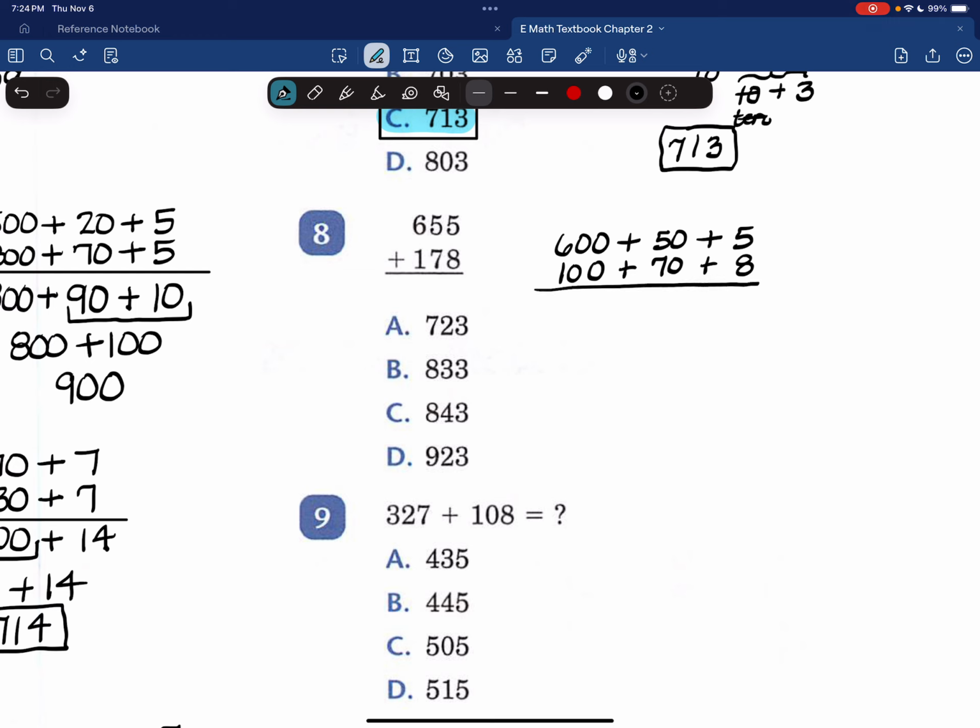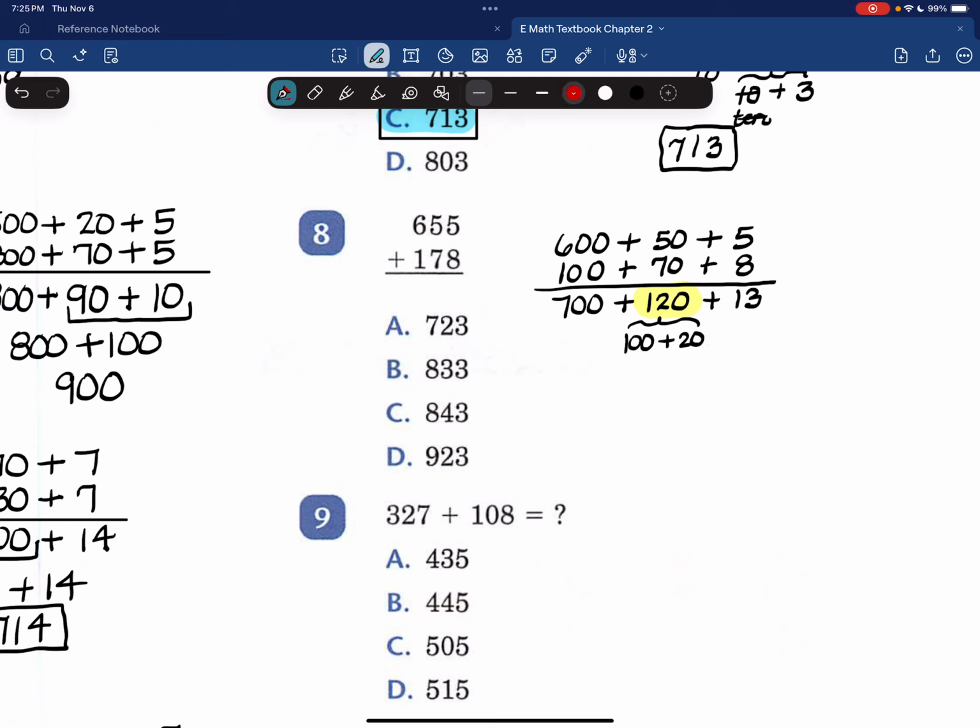So when we add those up, we will get 7 hundreds plus 120 plus 13. And then let's focus just a second right here on that 120.